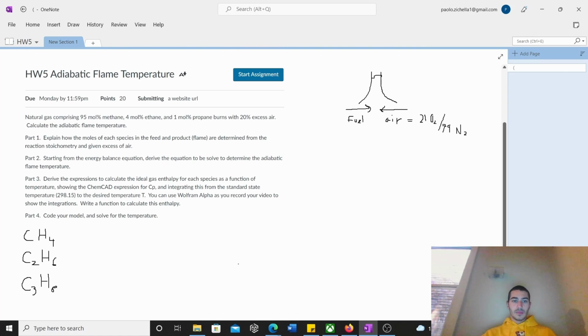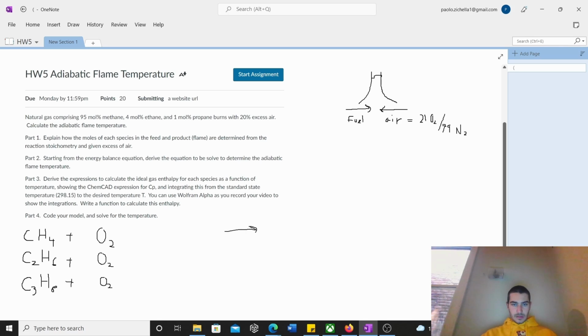And so we know that these are combustion reactions, meaning that they mix with oxygen gas to create carbon dioxide and H2O water. So we can start off by putting O2 in all of these equations. So we have plus O2, plus O2 for ethane, and also for propane.